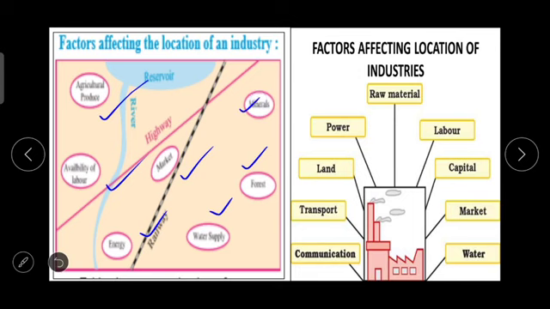All these are the factors which are very important in the field of industrialization, or for any industry to work as a factory.